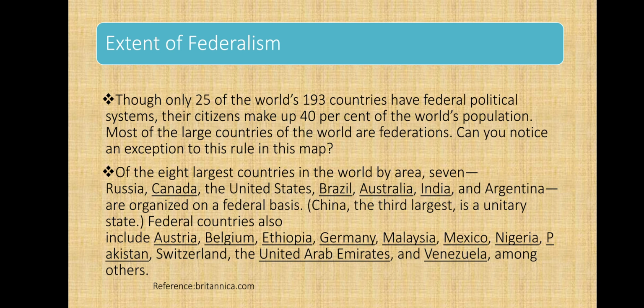Of the 7 largest countries in the world by area, Russia, Canada, the United States, Brazil, Australia, India, and Argentina are organized on a federal basis, and China, the third largest, is a unitary state.